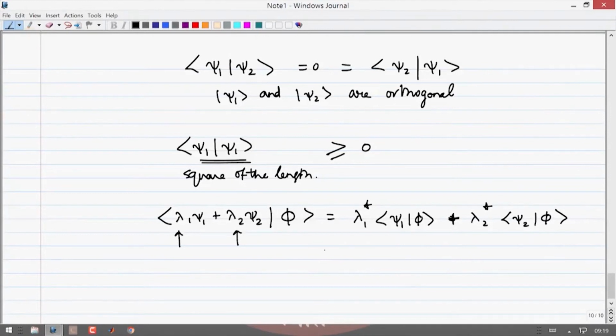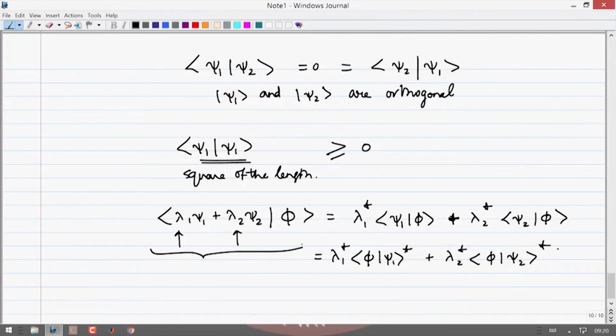And you know this is nothing other than lambda 1 star phi psi 1 star plus lambda 2 star phi psi 2 star, and you know this is the complex conjugate of this product, lambda 1 psi 1 plus lambda 2 psi 2 star.